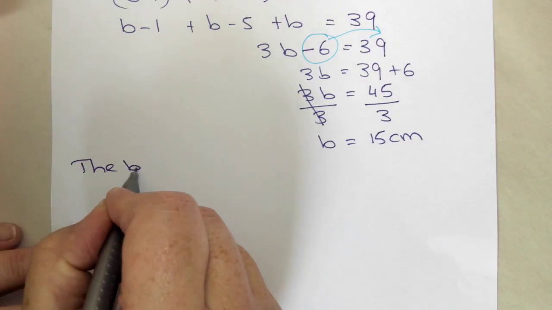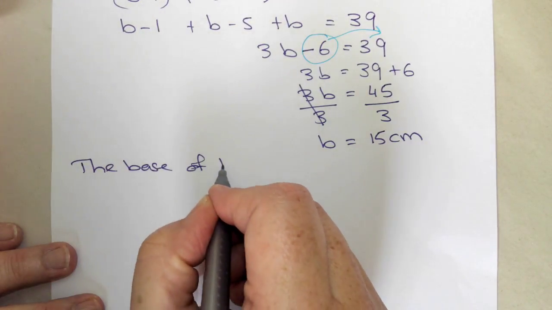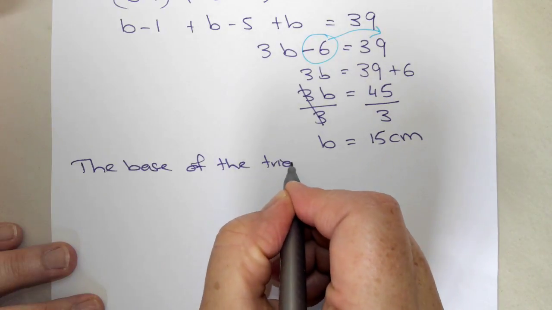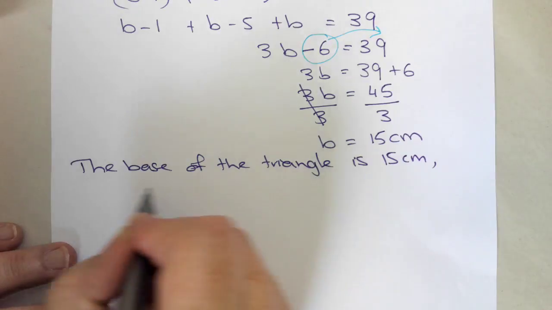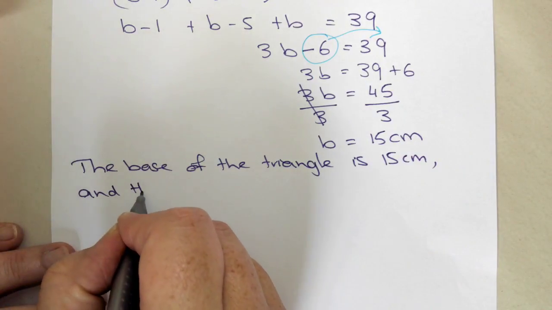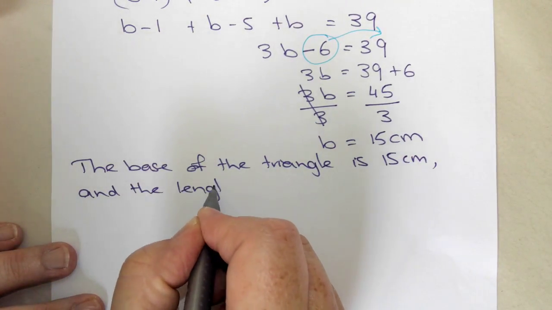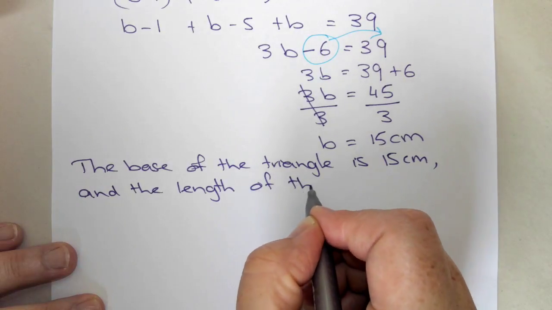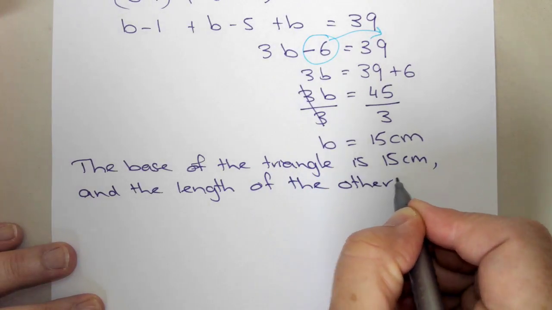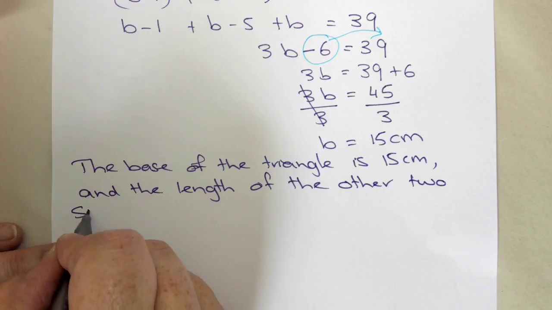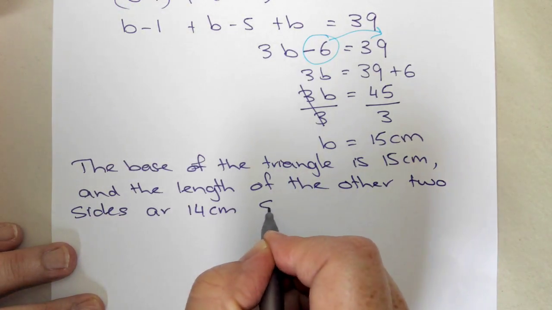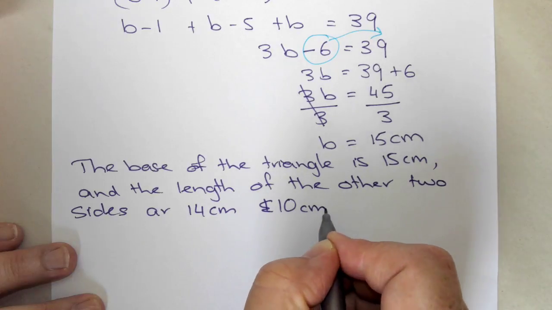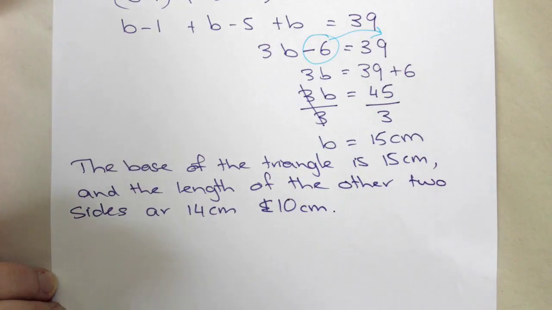So the base of the triangle is 15 centimetres and the length of the other 2 sides are 14 centimetres and 10 centimetres. And now we've answered the question.